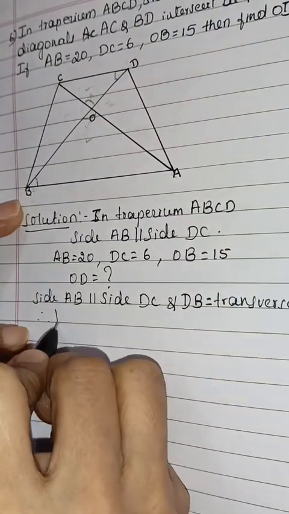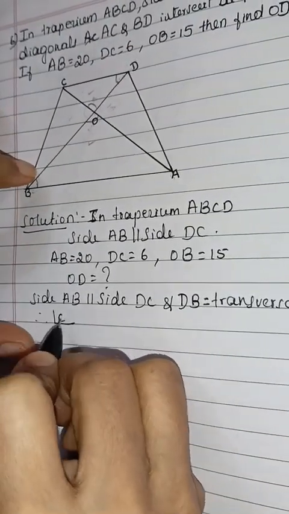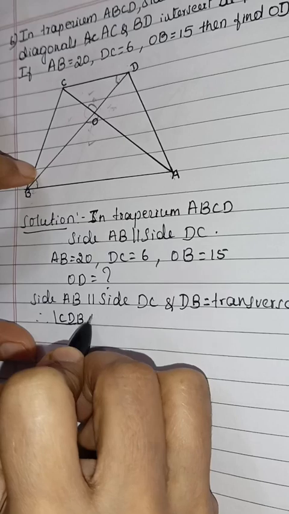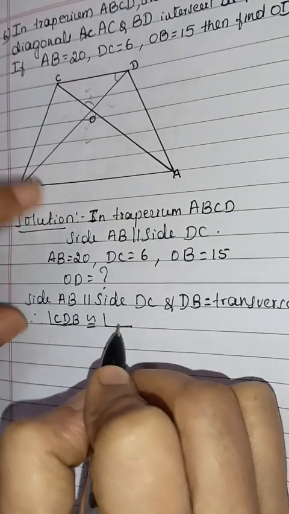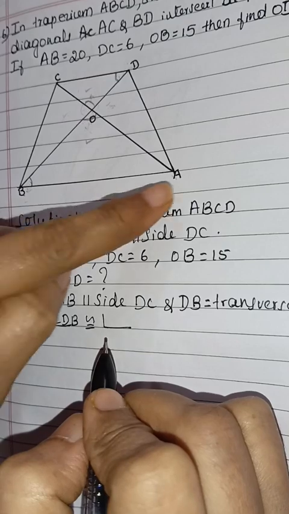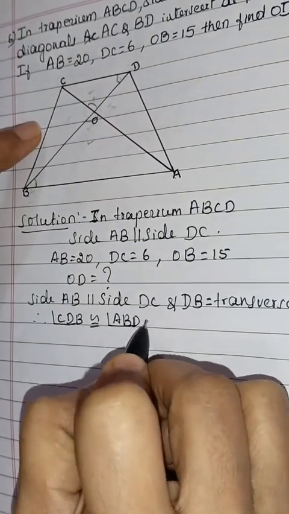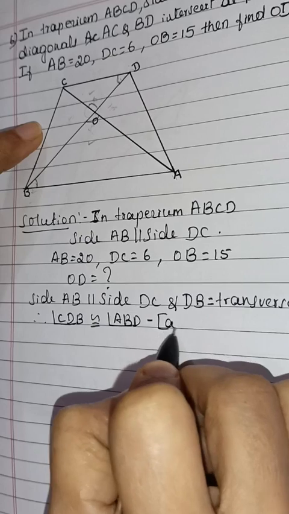Therefore, angle CDB is congruent with angle ABD, because of alternate angles.